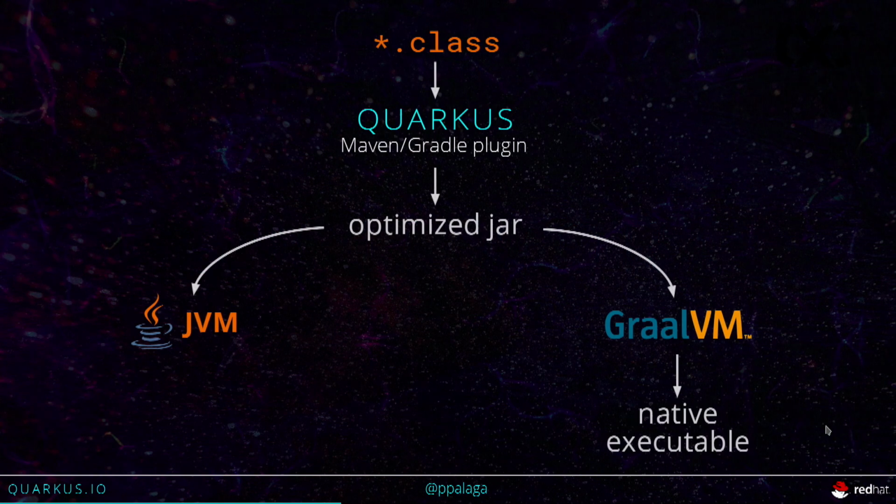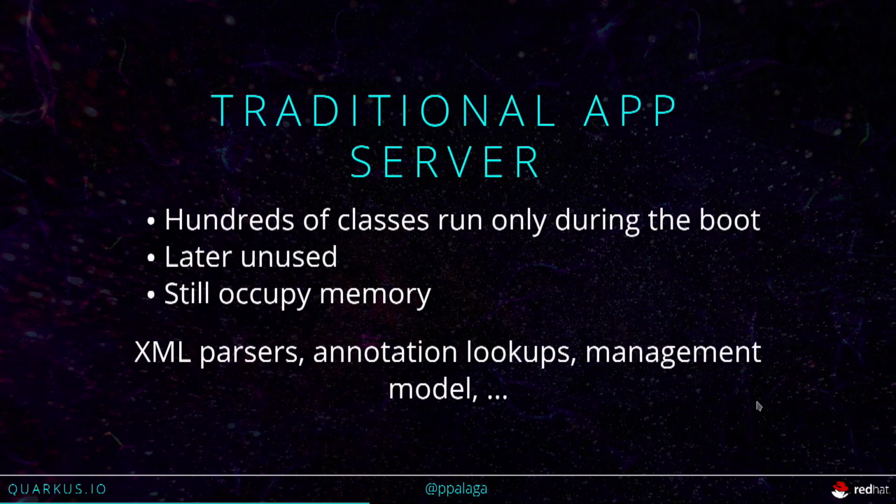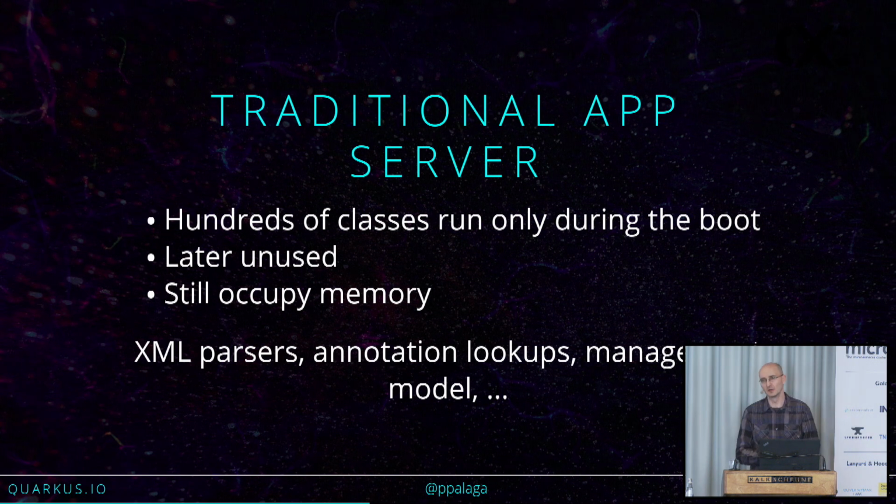Now let's look inside Quarkus. If you know how traditional application servers work, you certainly know that there are literally hundreds of classes that are needed only during the boot and during deployment of your application.